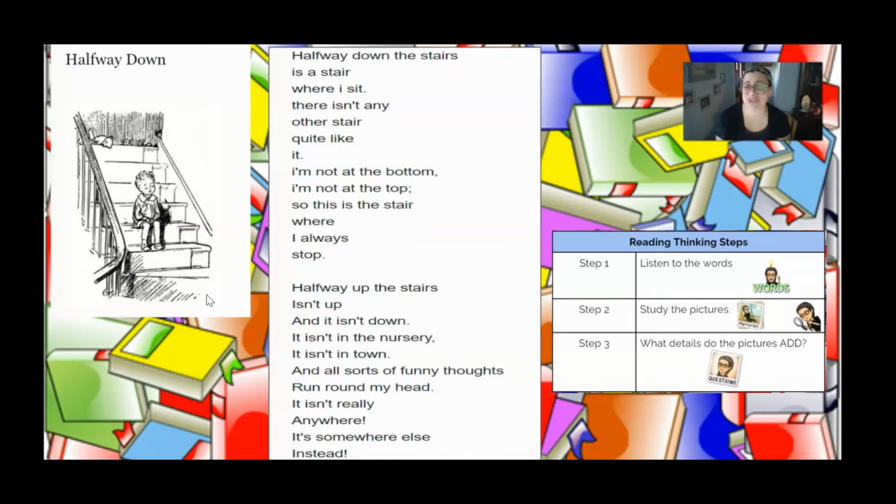What details do the pictures add? What does the illustration show us that the words didn't tell us? Let's go back to this thing coming down from the stairs. Raise your hand if you have stairs in your house. I have stairs in my house. They're actually right behind me.